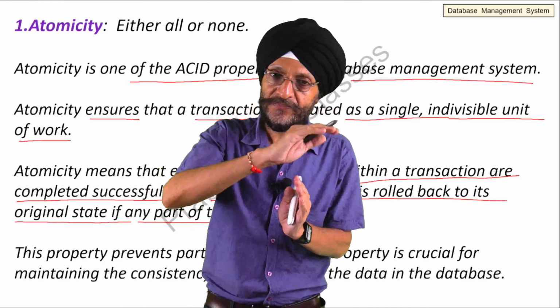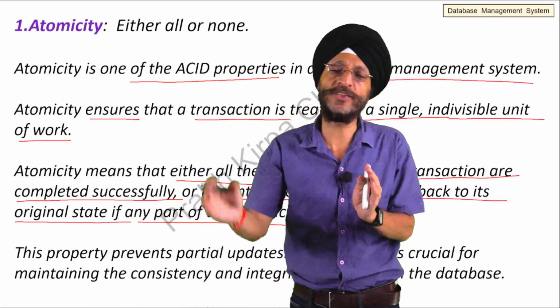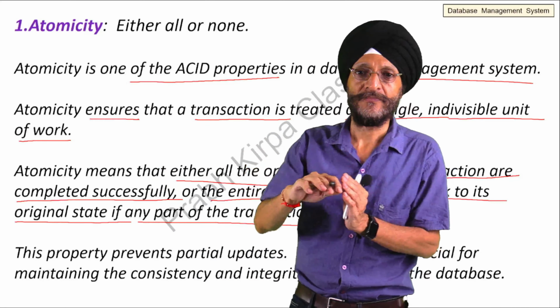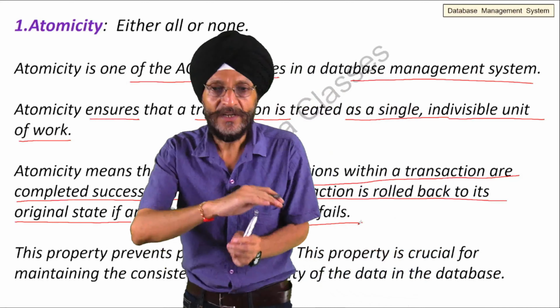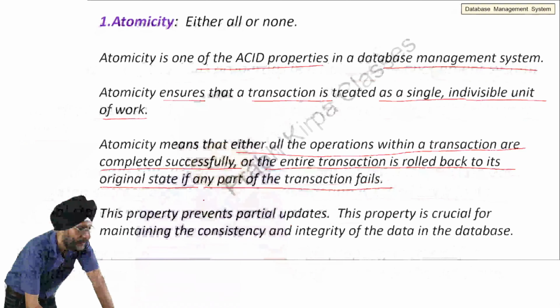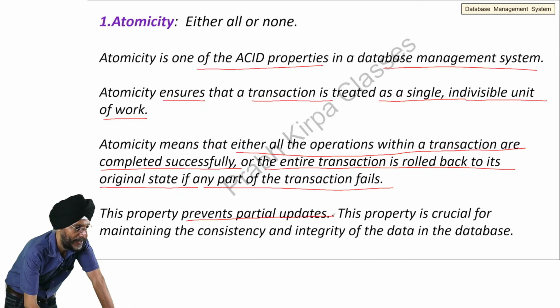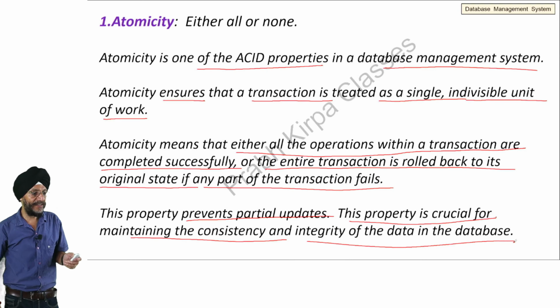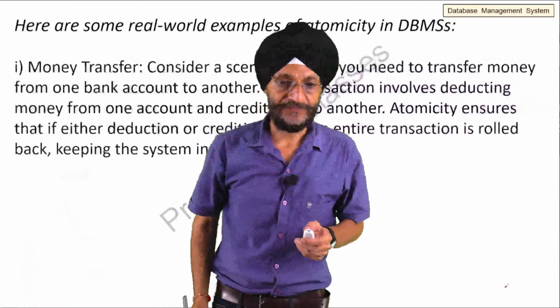That is, you will have to perform all the operations again. We will understand this concept in more detail with the help of further examples. This property prevents partial updates. This property is crucial for maintaining the consistency and integrity of the data in the database.